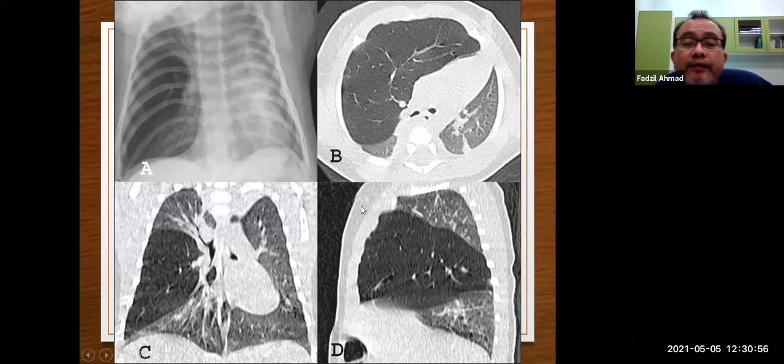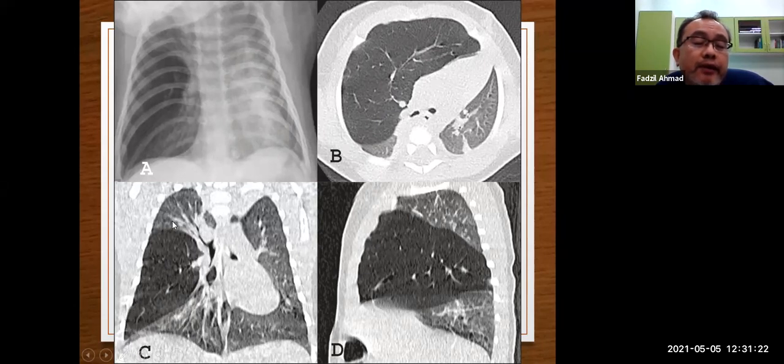You can see this from the CT scan. On the right side, something big here. The tissue is full of air, nothing else, air only, no lung tissue at all. This is congenital lobar emphysema, we call it CLE.